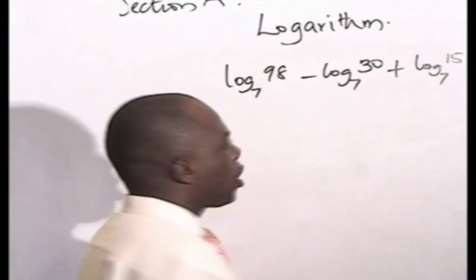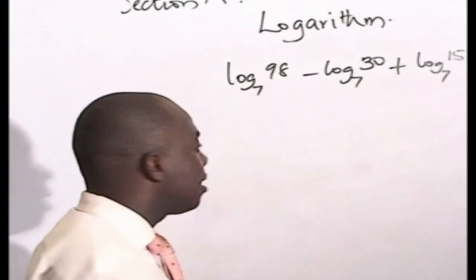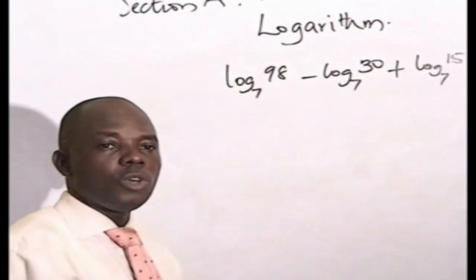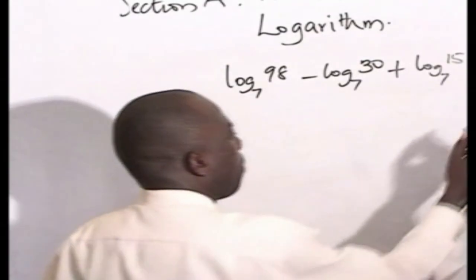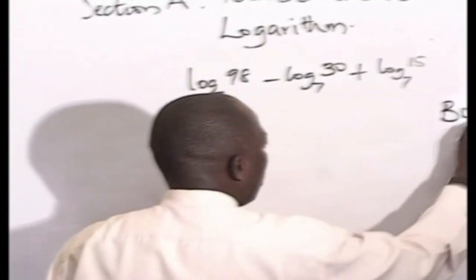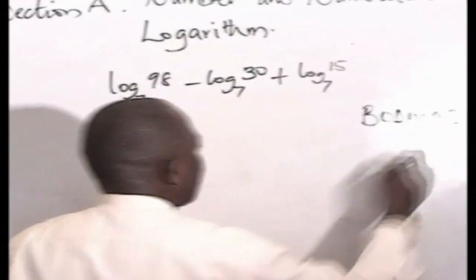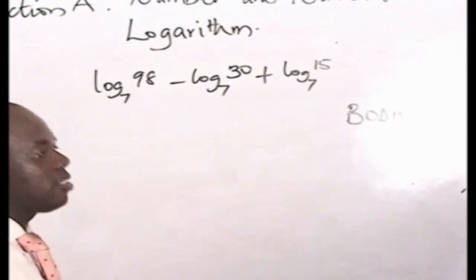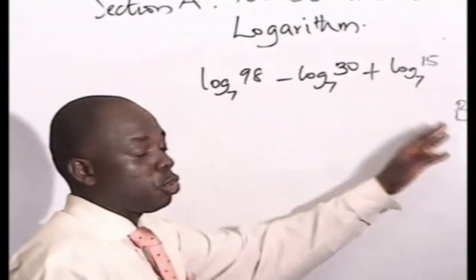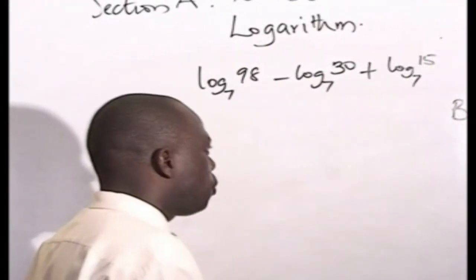When you're faced with this kind of question, the first thing that comes to your mind is you must understand that you have to deal with BODMAS. What is BODMAS? BODMAS is a law that guides operations in mathematics, and you cannot answer some questions except you obey the principle of BODMAS.